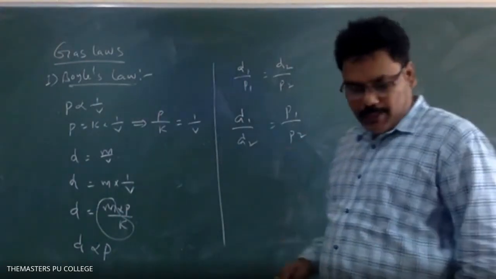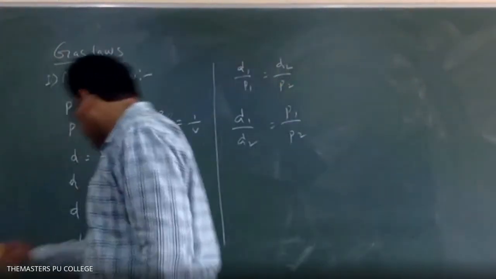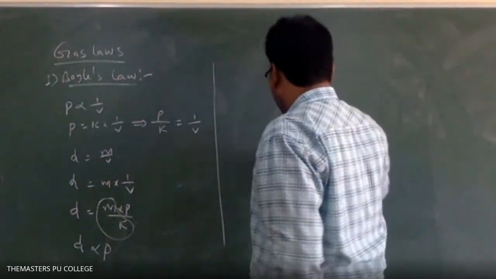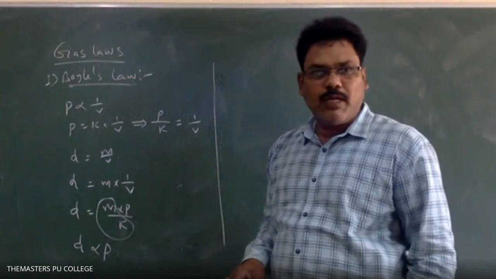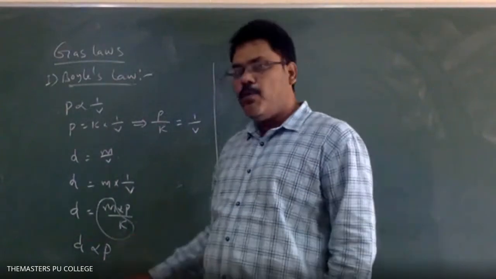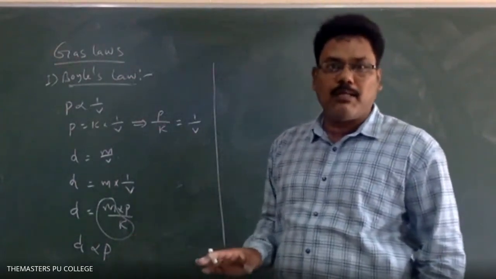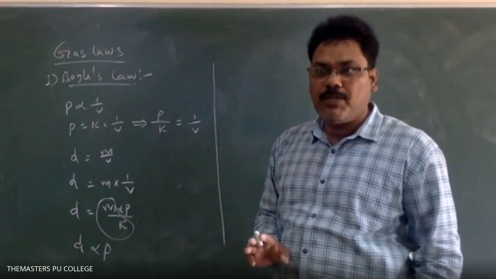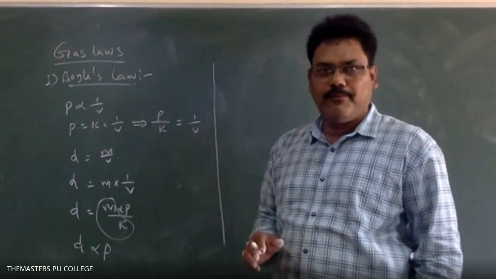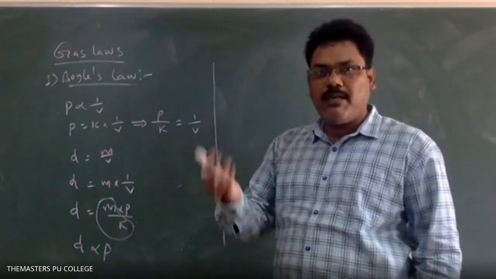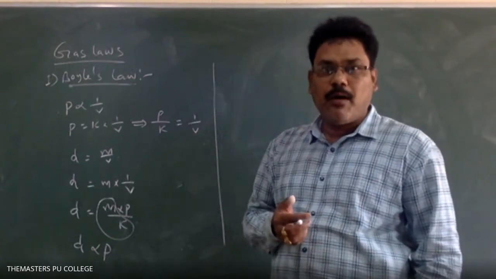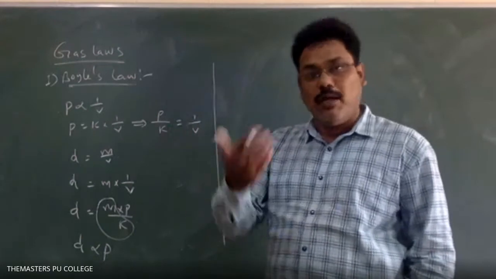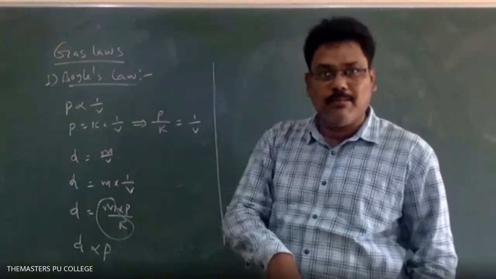Okay, not getting? Let's see. Here, the relation we have got is D is proportional to P, right? So for a fixed amount of gas, initially the density and pressure are D1 and P1. If the gas undergoes expansion, the density may increase or decrease, whatever it is.